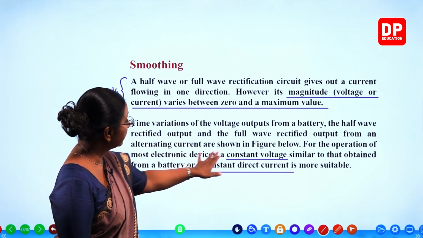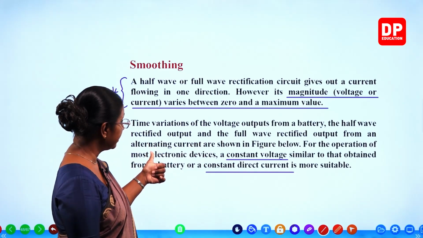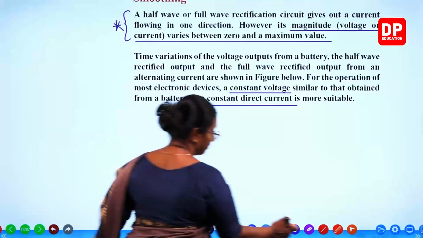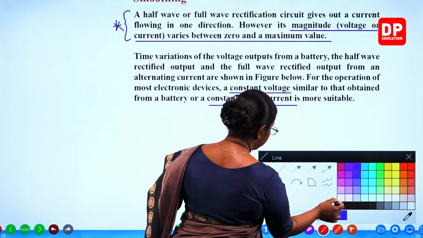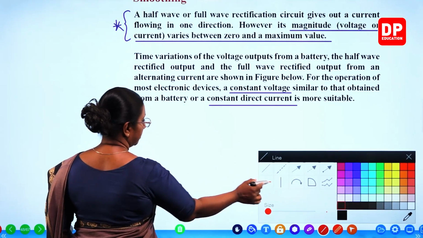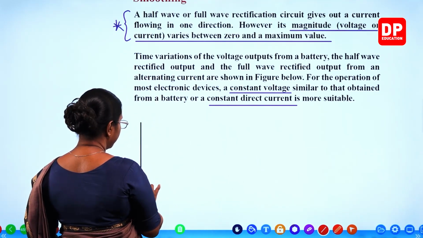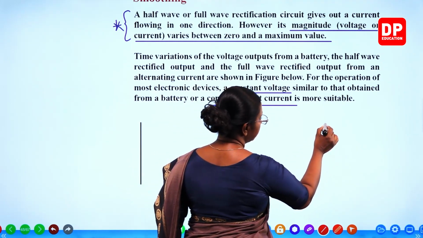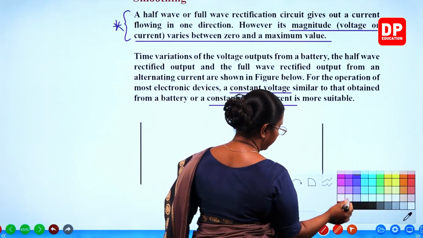Time variations of the voltage outputs from a battery, the half wave rectified output and the full wave rectified output from an alternating current are shown in the figure below. So, if we look at the figures, one is the output from a battery, then half wave rectification and full wave rectification.